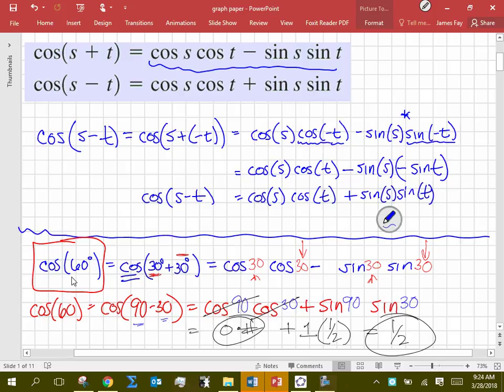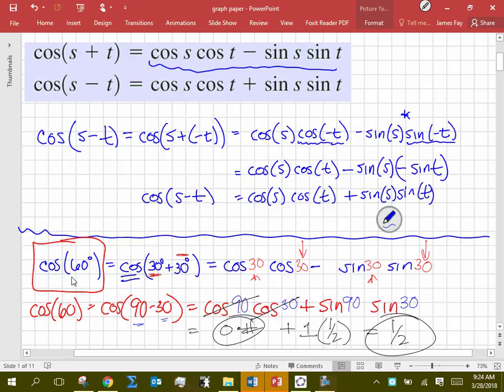Okay. You can do it the same way. Let's say I can get 60 by taking 120 minus 60, or maybe I can go 180 minus 120, right? That gives me 60 as well. So if you note all your angles around the unit circle, it doesn't matter which ones you subtract or add together, as long as that sum or difference gives you 60. Okay.